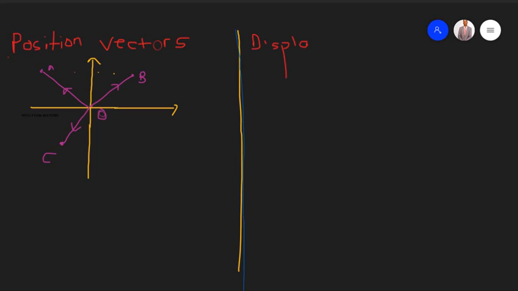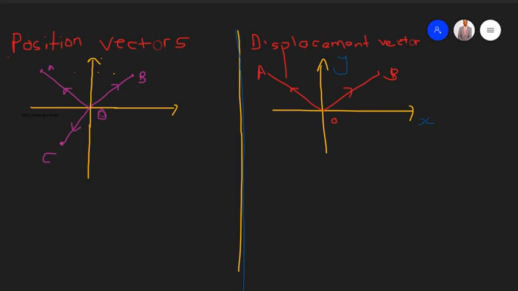Now on the right hand side, I have displacement vectors. Displacement vectors are a little different from position vectors. In this case, we are not starting from the origin. We are starting from somewhere, going somewhere, but not from the origin.